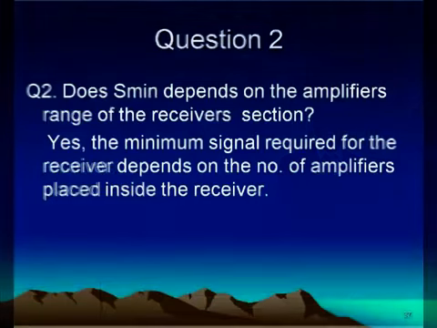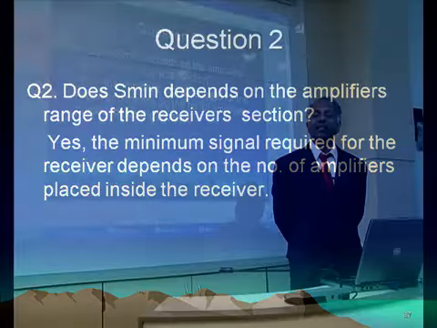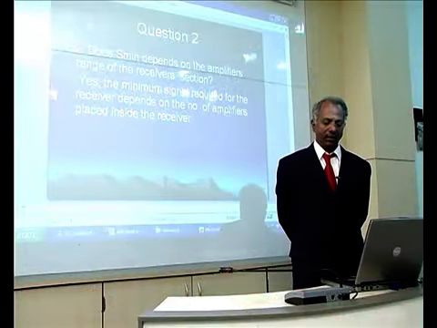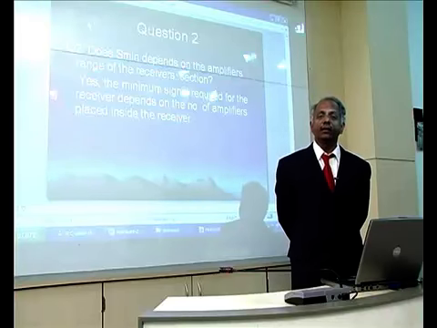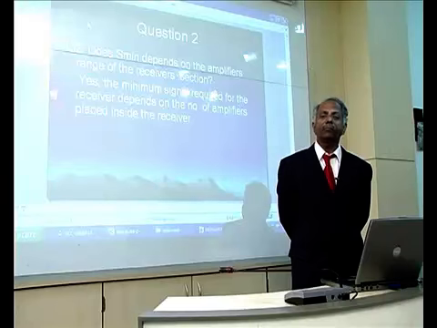Does the minimum signal required depend on the amplifier's range in the receiver section? Yes. The minimum signal required for the receiver depends on the minimum signal the amplifier can amplify properly.